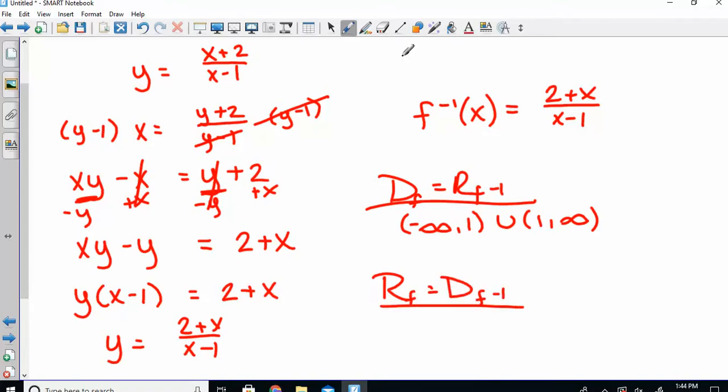Okay, range of the function and domain of the inverse. So we go to our inverse. What can x not be? 1. Is it going to be the same? No, that was just a fluke.